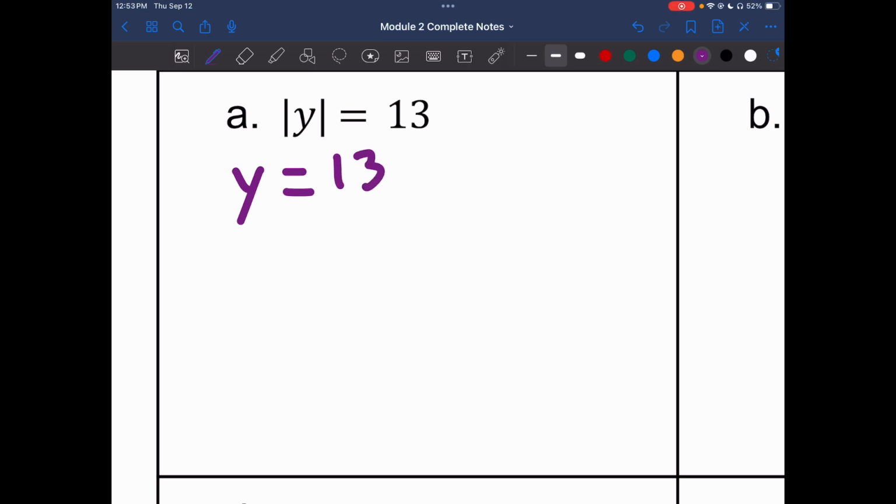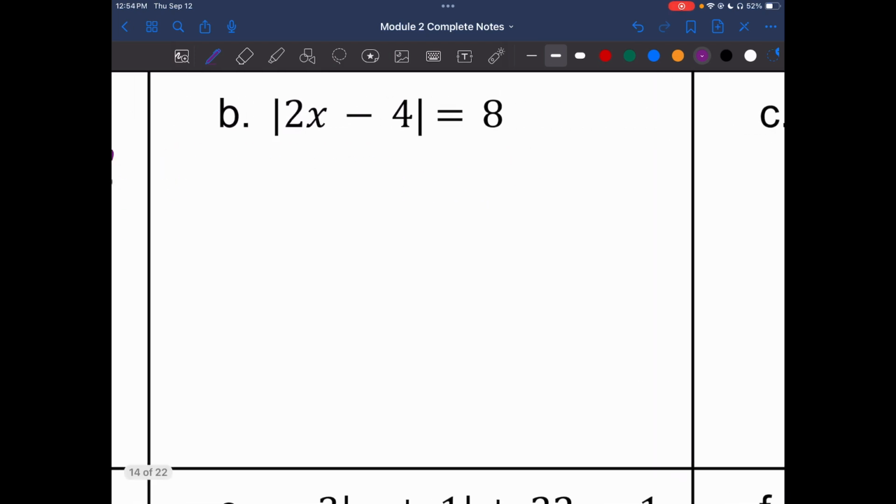One of them, we just drop the absolute value bars and leave it alone. The other one, we drop the absolute value bars and we change the sign of what's on the other side. So for this one, we have y equals 13 and y equals negative 13. If you were to substitute in either of those two values for y and take the absolute value, you would get an absolute value of 13.